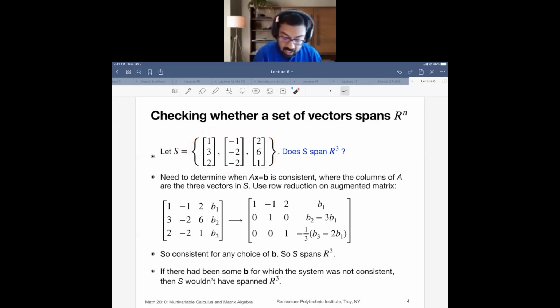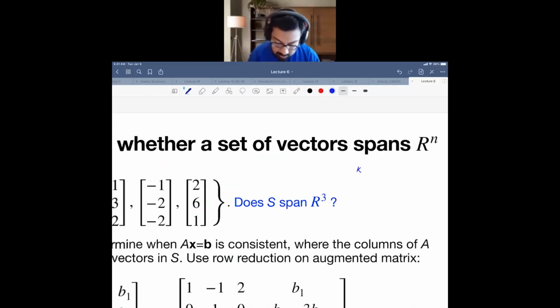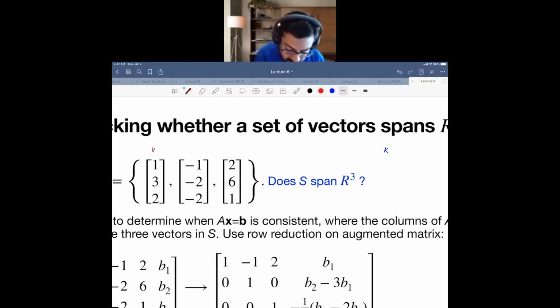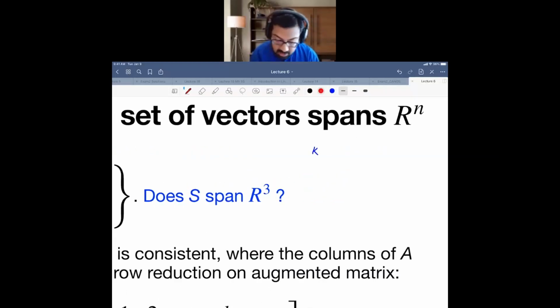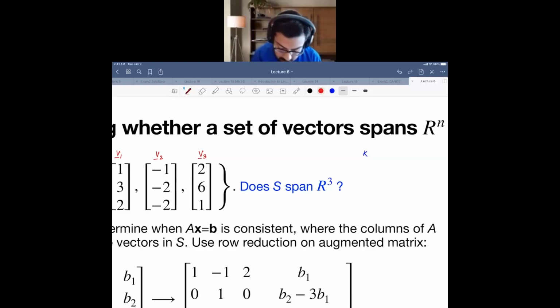Right? So can I take a linear combination of this guy, this guy, this guy, and be able to reach anywhere in R cubed? So what this really is asking is, let me just define these here. Let me say this is my V1, this is my V2 vector, then this is my V3 vector. So the question is, can I take K1 V1 plus K2 V2 and K3 V3?